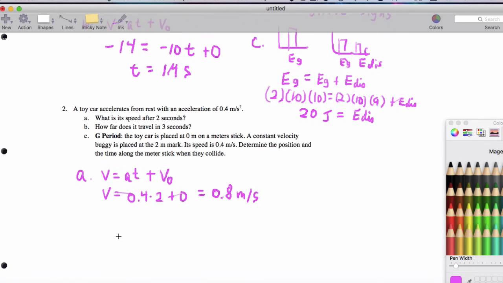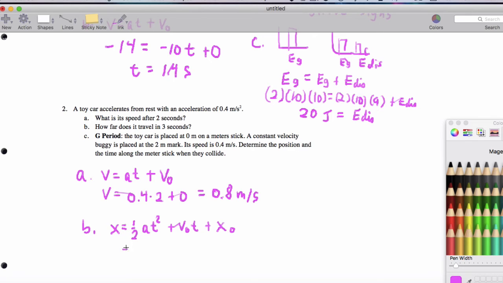Now how far does it travel in 3 seconds? Interesting question. Let's solve it. x is 1/2 at squared plus v naught t plus x naught.